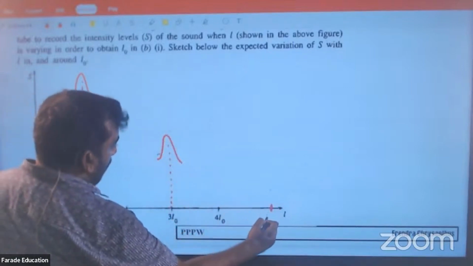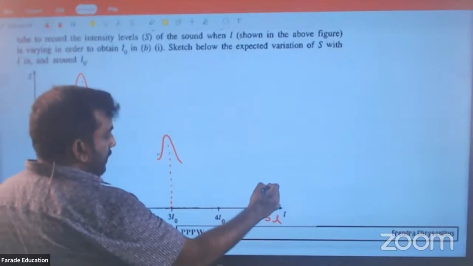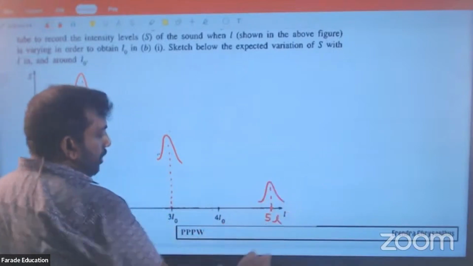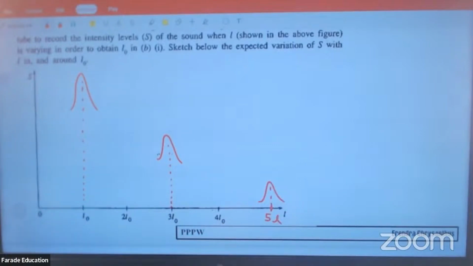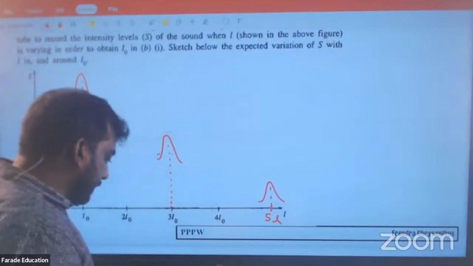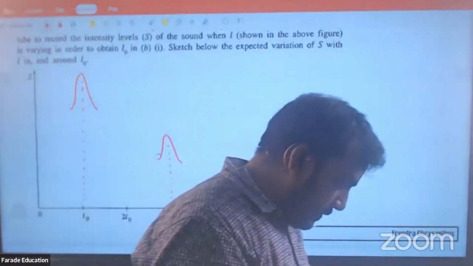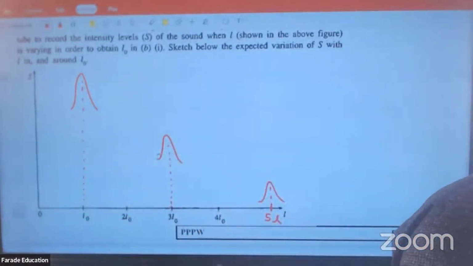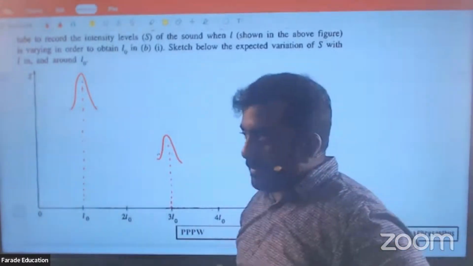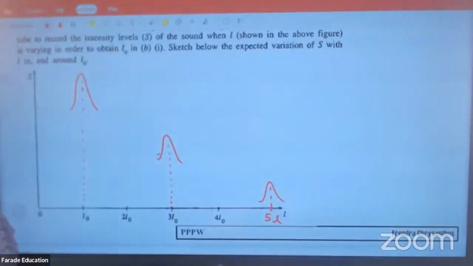Then 5L naught, where the intensity is even smaller. There are odd harmonic numbers which occur.